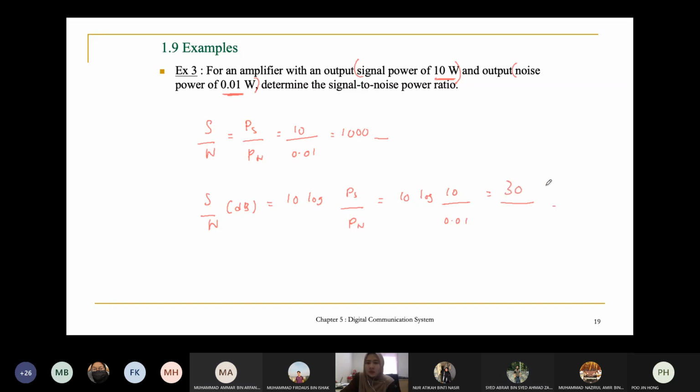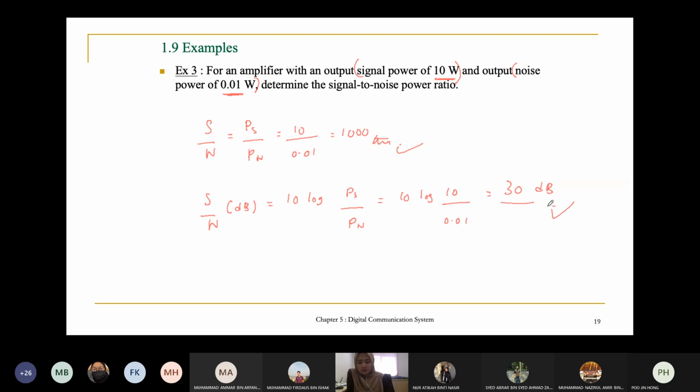This one is the signal to noise ratio in absolute value. This is the signal to noise ratio in decibel.